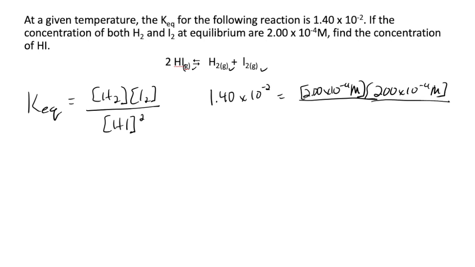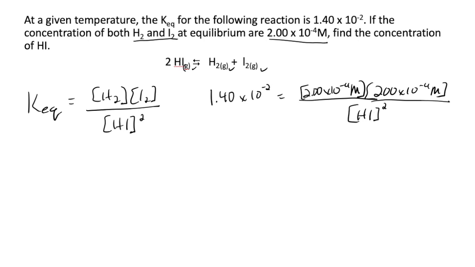And I know this because it tells me that both of these, H2 and I2, are 2.00 times 10 to the negative 4 molar. And I'm going to keep this as HI raised to the second power because this is what I'm solving for. Now I want to get HI squared by itself.